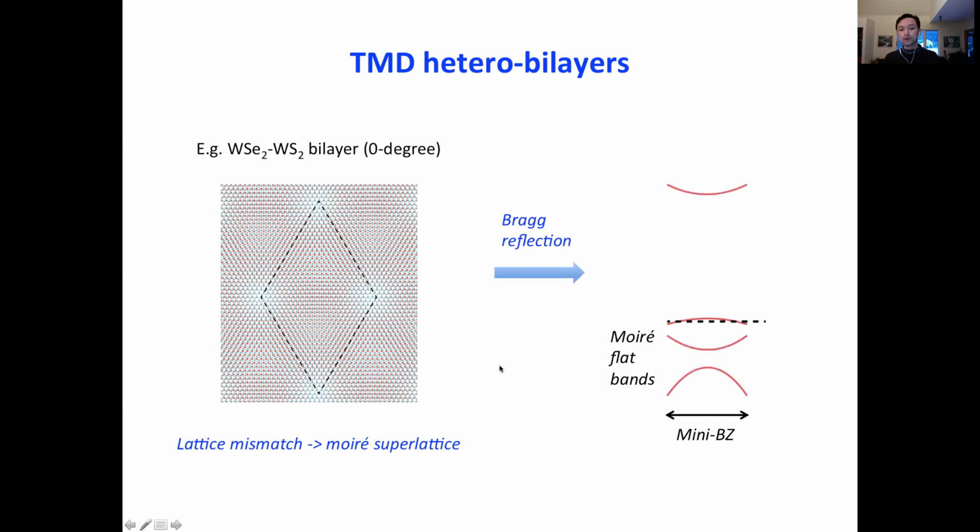The presence of the superlattice structure gives rise to extra Bragg reflection for the electrons, and as a result, it forms electronic mini bands. They are called Moire flat bands, which can enhance the Coulomb interactions between the electrons in the system. So we are dealing with a mini Brillouin zone because of this superlattice structure and Moire flat bands.